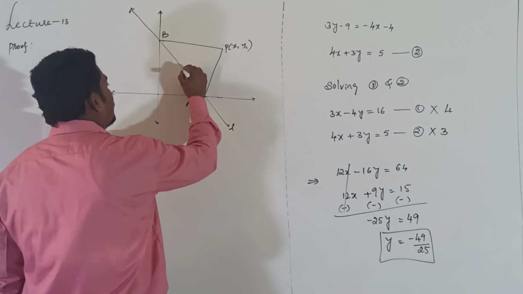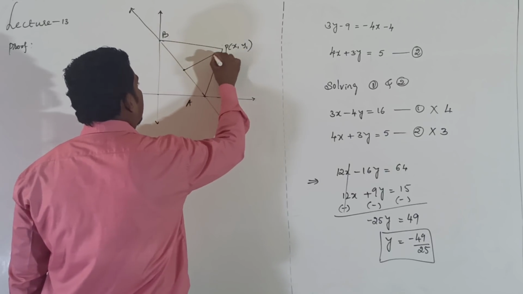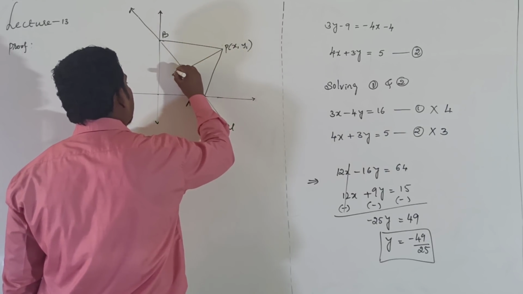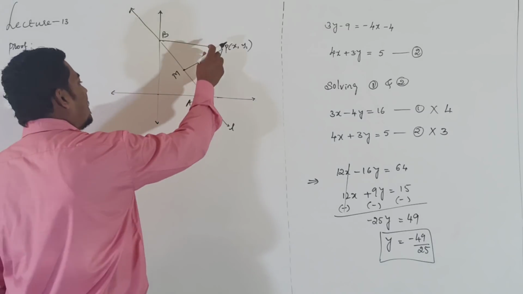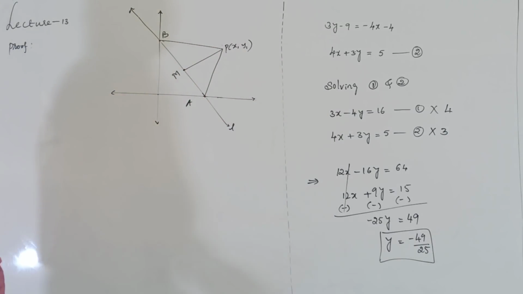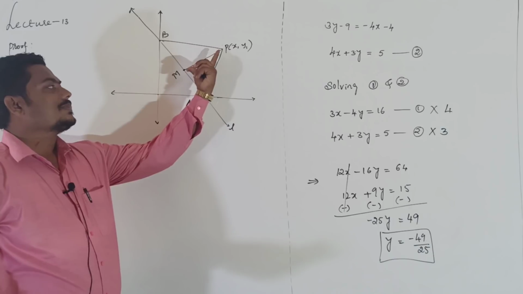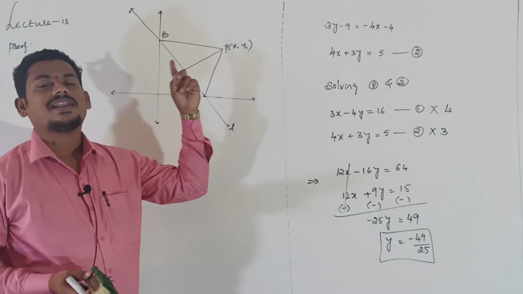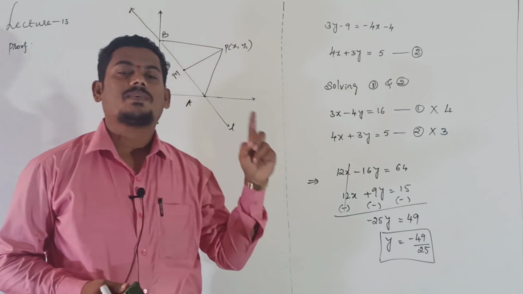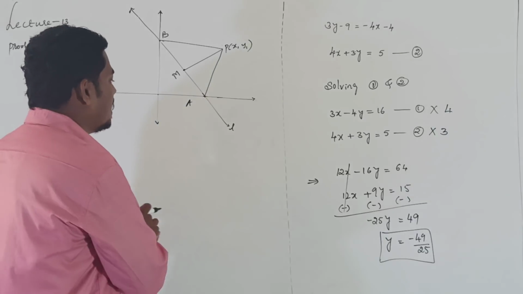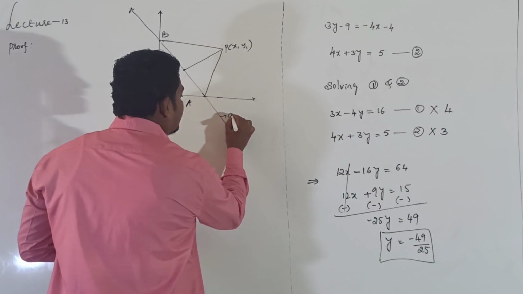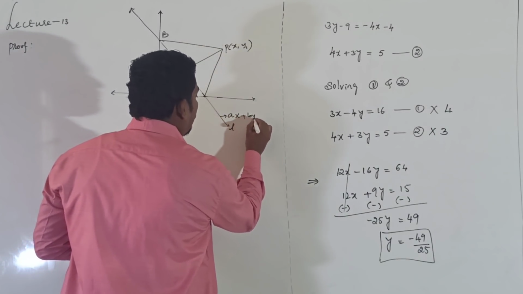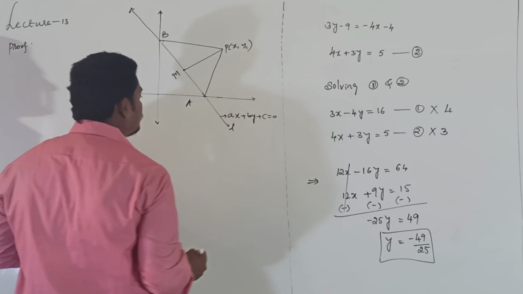We need to find the distance PM, and take PM as some d, right? PM length we have to find. PM is the distance between point x1 comma y1 and the line ax plus by plus c equal to 0.